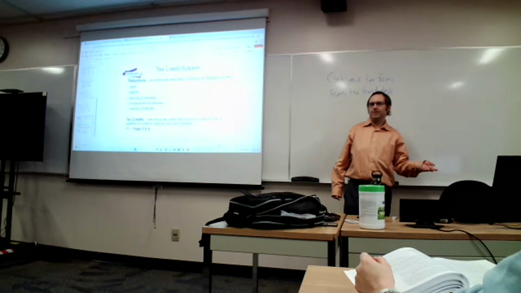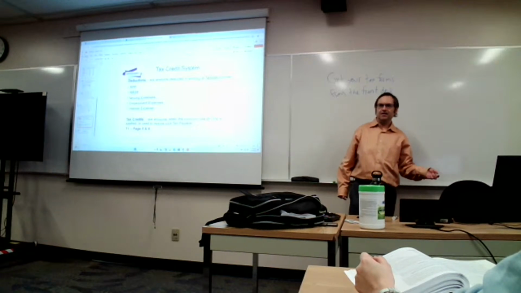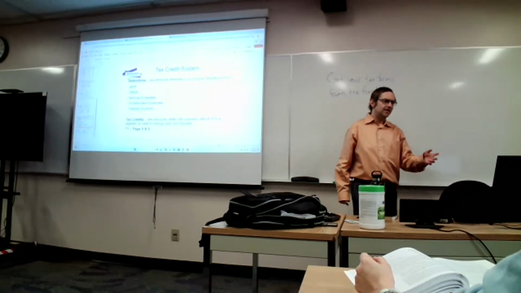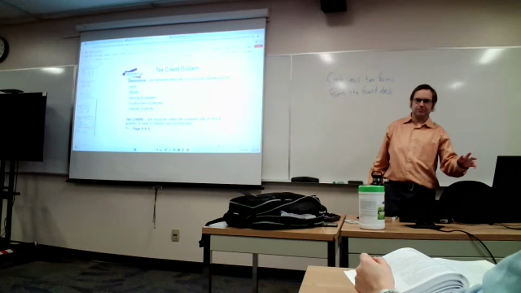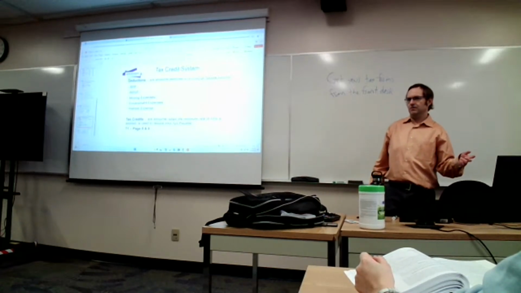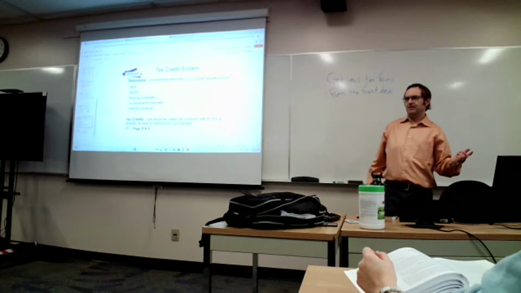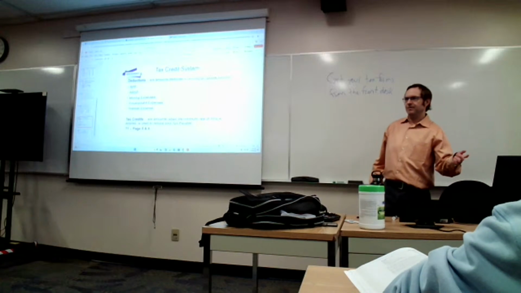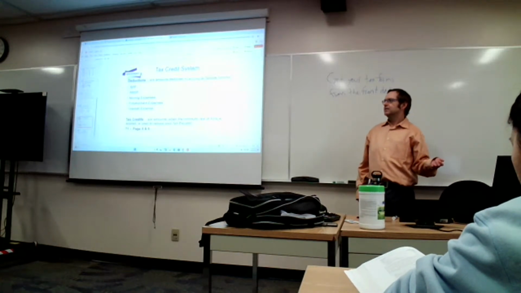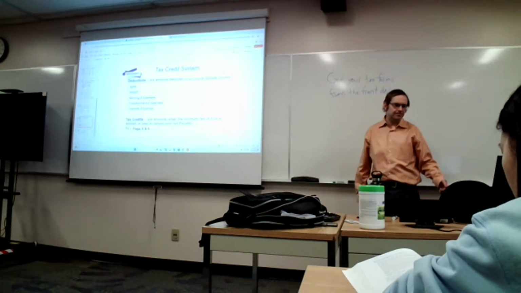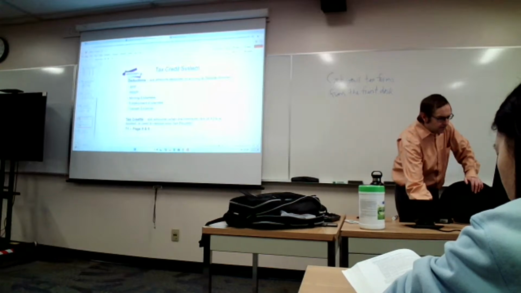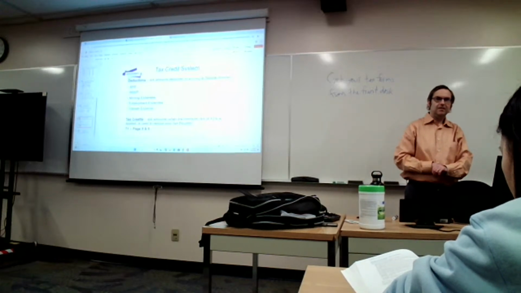Those would also be excluded from this 15%. Political donations wouldn't fall into this 15%, but pretty much every other tax credit would. Make sense? Okay. How does that 15% work?